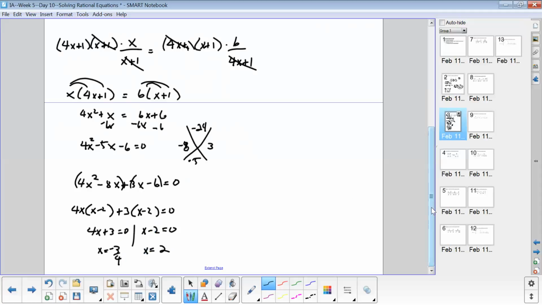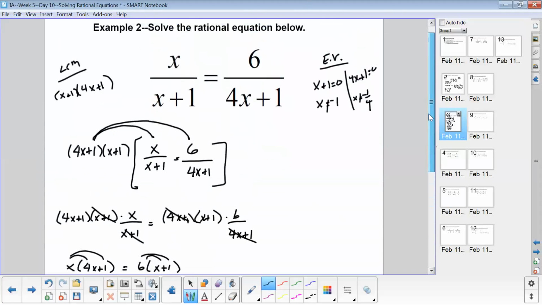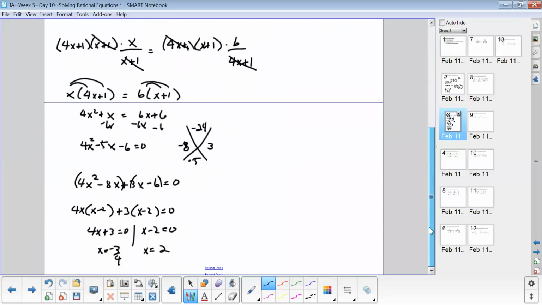Now, based on the excluded values, originally the excluded values were negative 1 and negative 1/4. So excluded values are x equal negative 1 and negative 1/4.